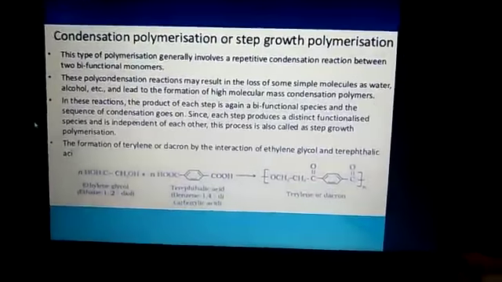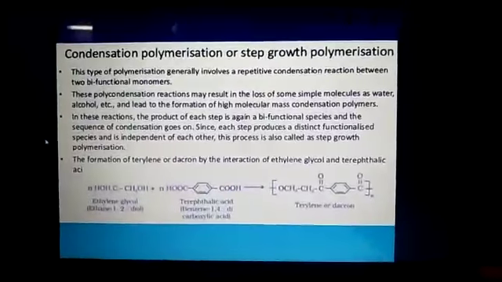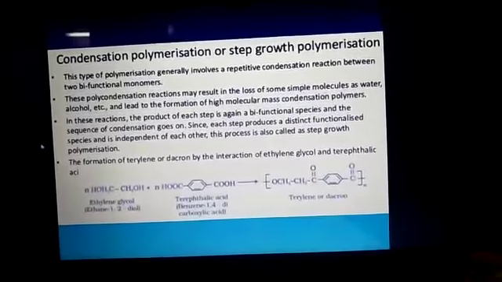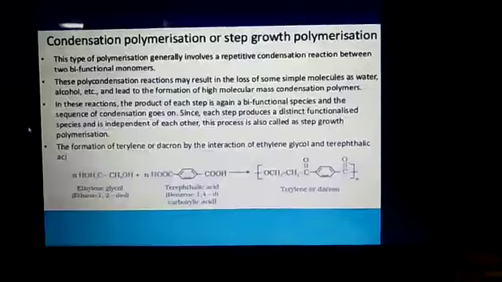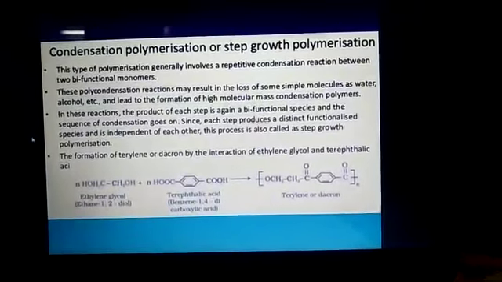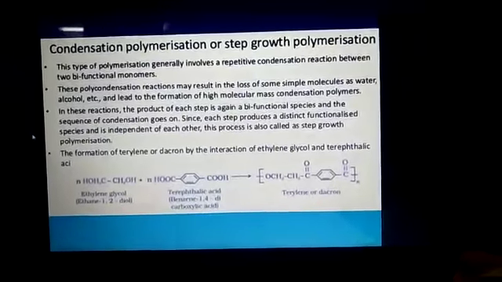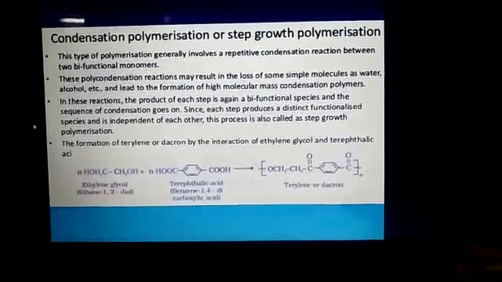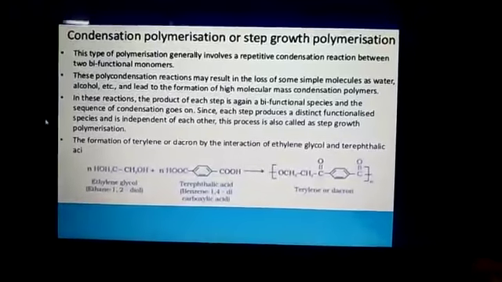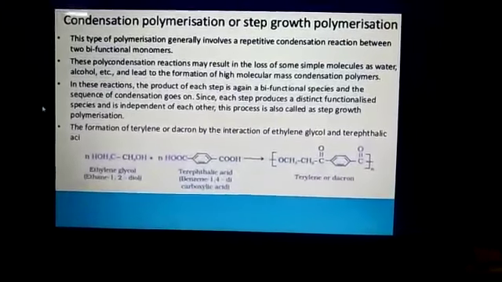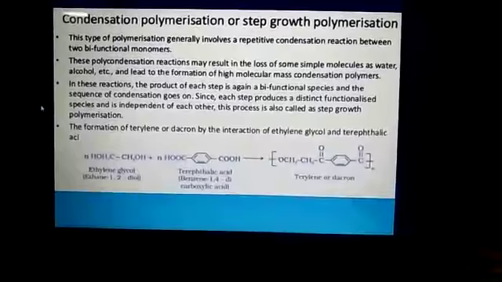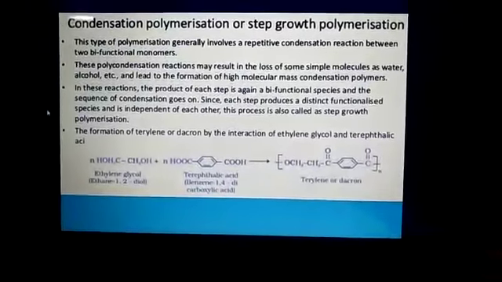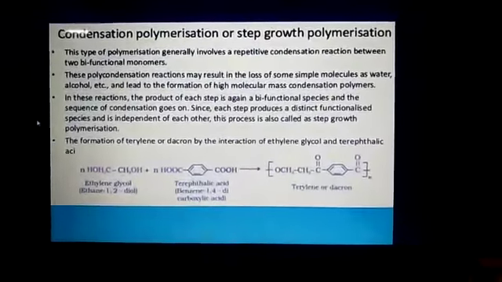This fiber of terylene is highly crease resistant, durable and has low moisture content. It is also not damaged by pests, moths and other insects. It is therefore used for manufacture of wash and wear fabrics. It is used for making tire cords, seat belts and sails.